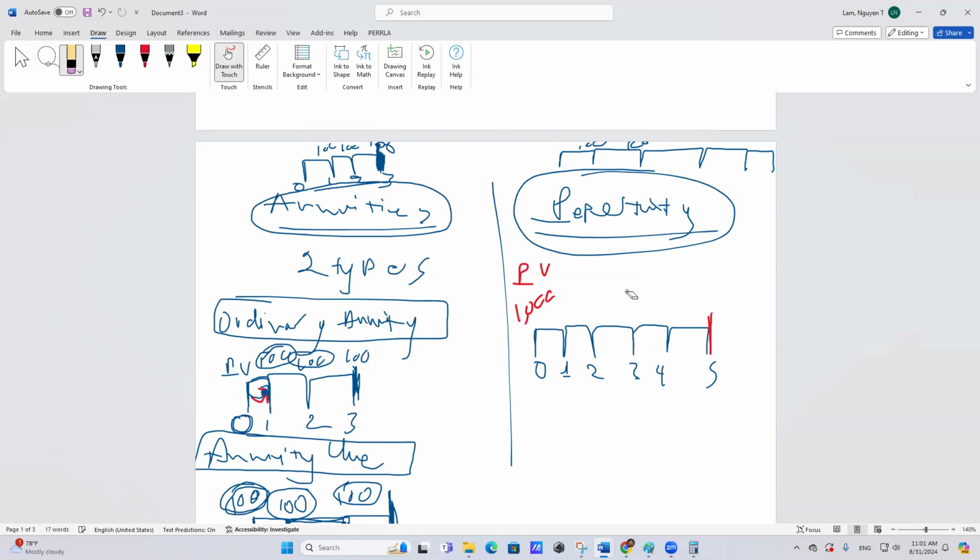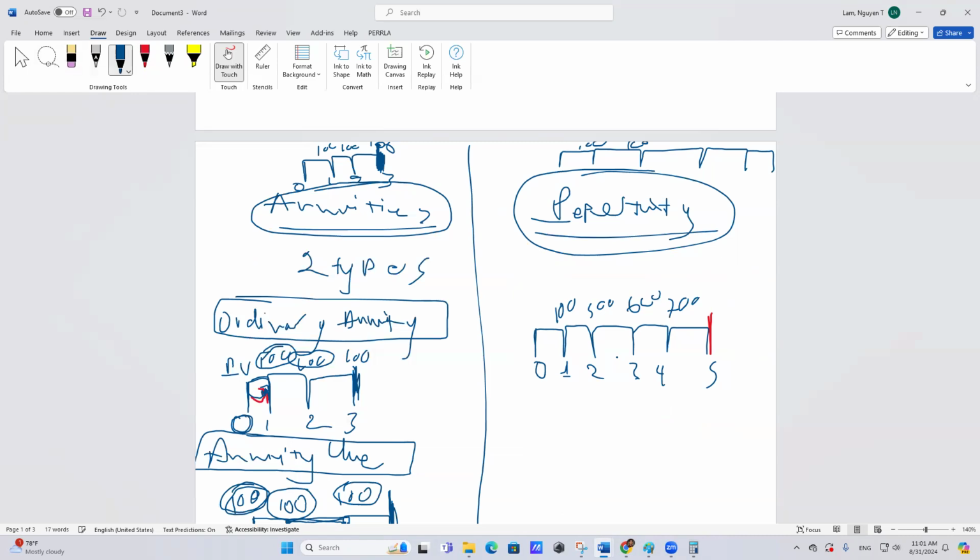You will find these cash flows very helpful when, let's say, this year is 100, another year is 500, another year is 600, another year is 700. When that happens and they ask you to find the present value, then you have to find the present value for each particular period's payment. So for 100, n is equal to 1.